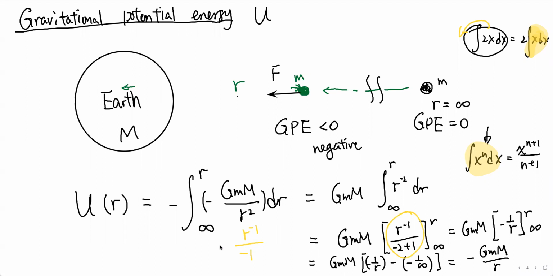Over 1 is just the same. It's just in negative r to the power negative 1. Wait, something over negative, what did you say? x over negative 1 is negative x. Oh. You need to think about that.